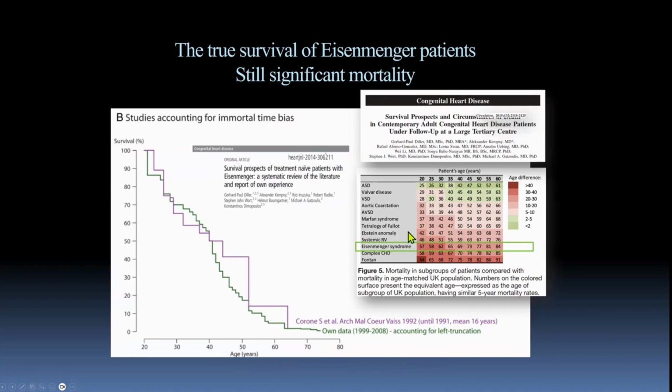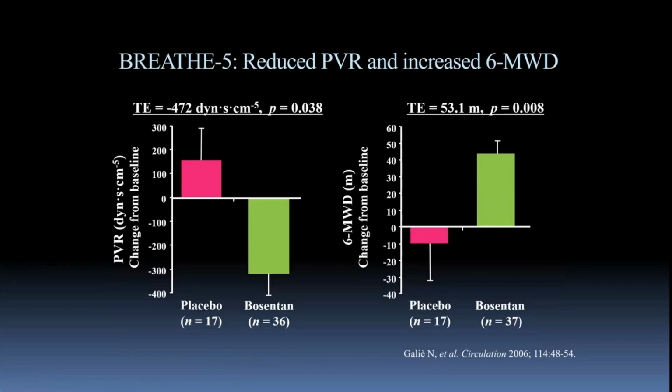But if you have an adult patient, let's say in their 30s with Eisenmenger syndrome, they've got a life expectancy of a 62-year-old, which means there is significant morbidity and mortality. And you can see it's around, what do you say? I mean, around 15, 20% every 5 to 10 years. So significant morbidity and mortality, despite advances in management.